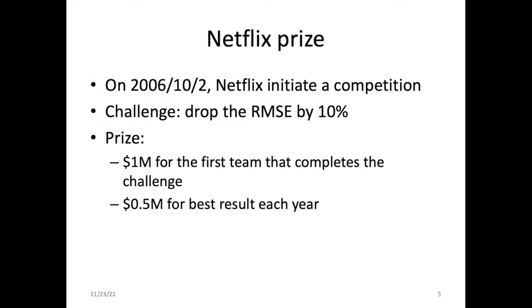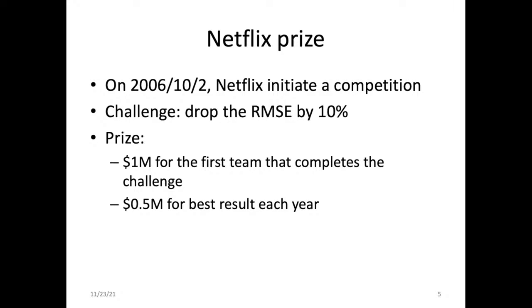So it is possible that if there's a team who can reach this criteria in 1 day, you will get $1 million in 1 day. But it is also possible that after 1 year, no team reaches this criteria. So they have a sort of best result of the year prize.